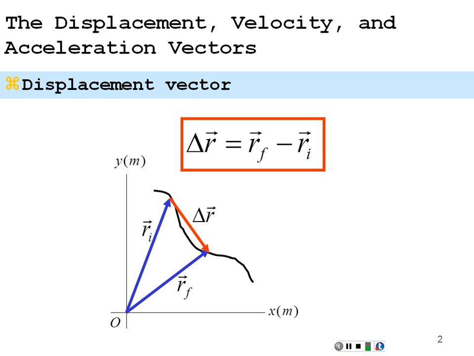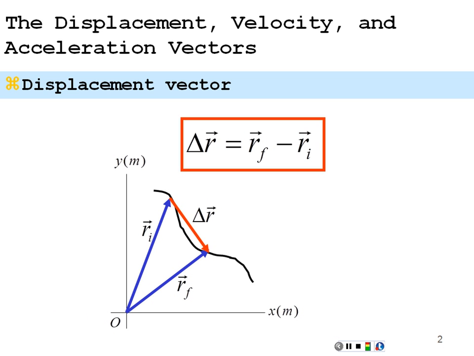this displacement vector. Now we had to define this in terms of an origin. We had an initial position and a final position, but you may notice that we actually could have chosen any origin we wish, because if I were to move this origin, say, over to the left here, my initial position would still go to the same point.